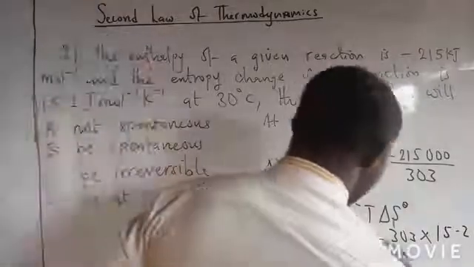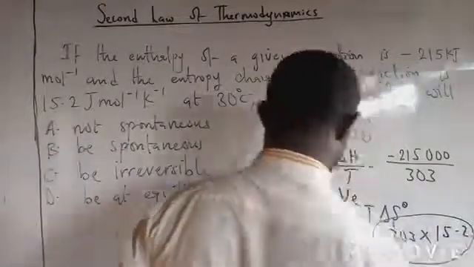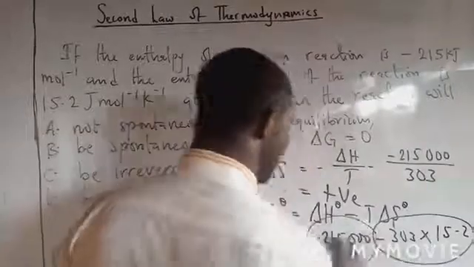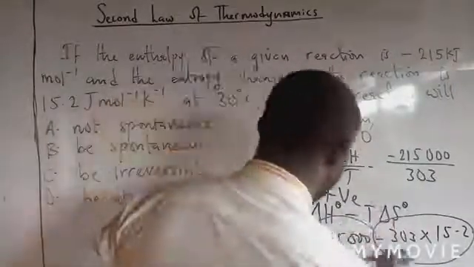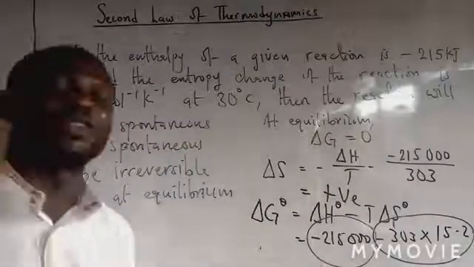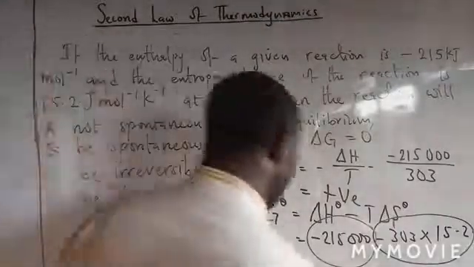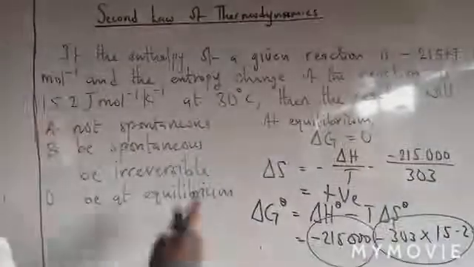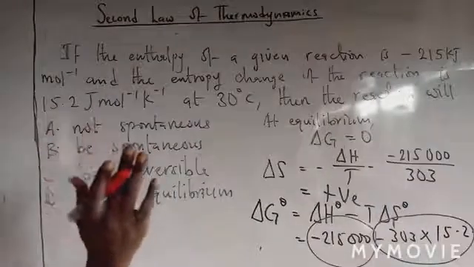If I do this, everything here will be negative. Minus will give me minus. My Gibbs free energy is also negative. So as a result of that, the answer to this question is B.